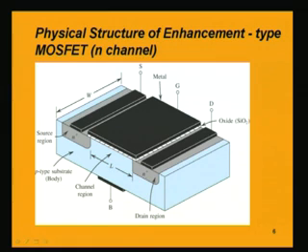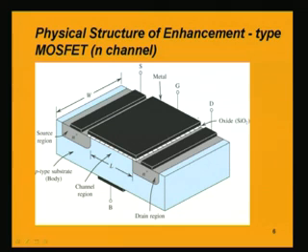This insulating material is there between the two N type semiconductors, and on this insulator there is the metallic contact, which is the gate terminal. So, as you can see here, there is a gate terminal, which is the terminal taken out from this metallic contact, which is grown over this silicon dioxide.